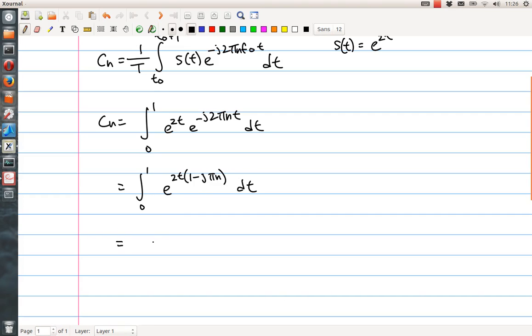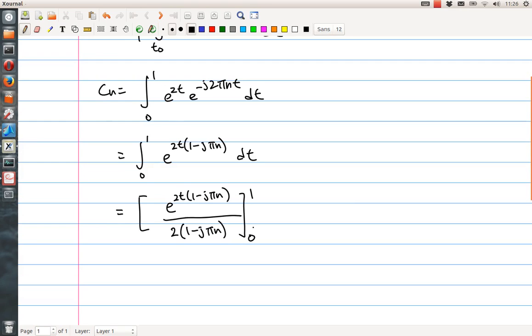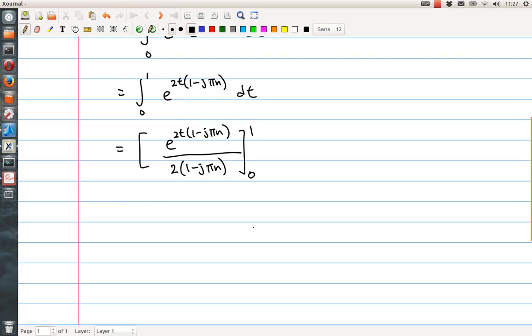e to the x still goes to e to the x. So it becomes e to the 2t times 1 minus j pi n, and of course we divide that by the derivative of the inside with respect to t, and that ends up with this coefficient here. And that's it. Significantly easier. Don't forget your upper and lower limits. Now we simply plug those values in.